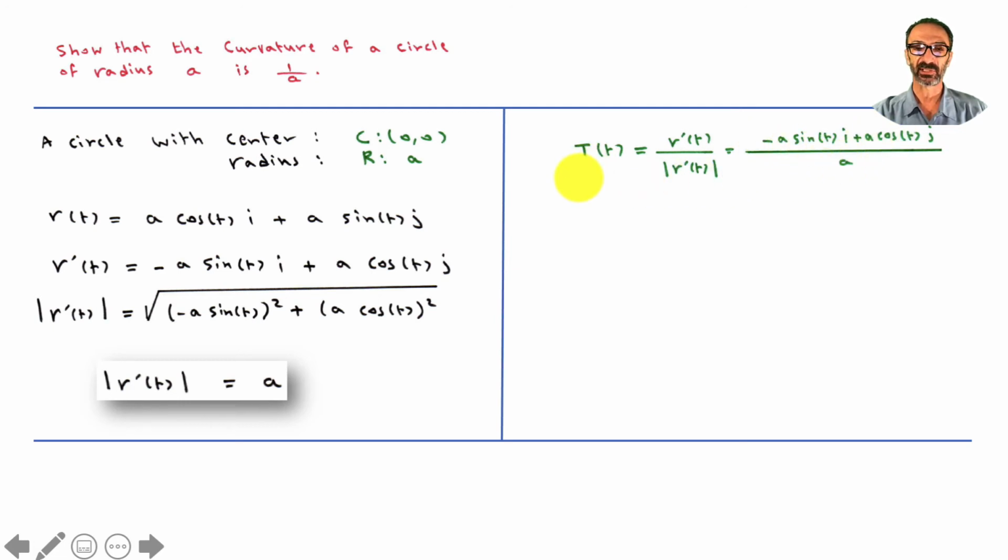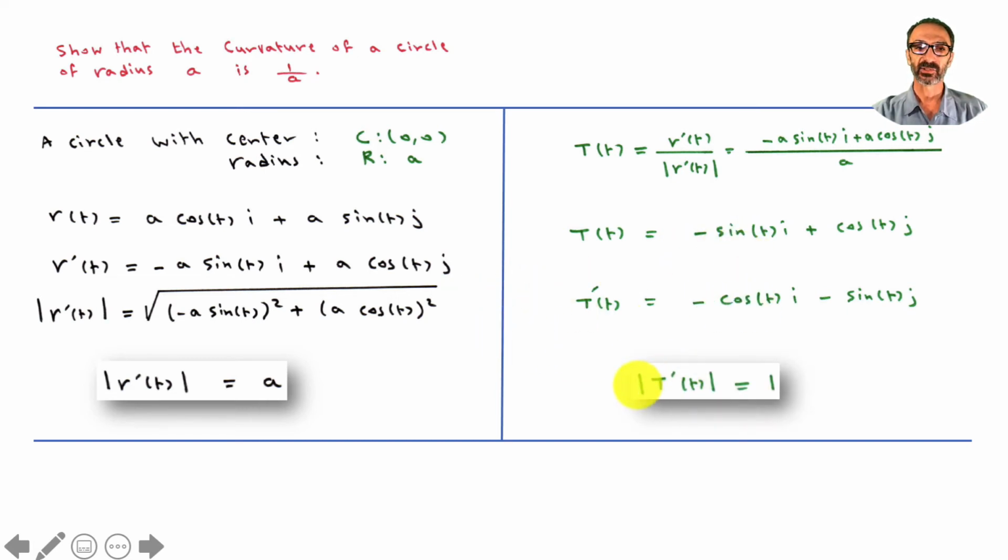So what is t of t? It's just sine and cosine with the minus sign here and no a involved. T prime, just find the derivatives. So the t prime magnitude is 1, and I think we're ready.